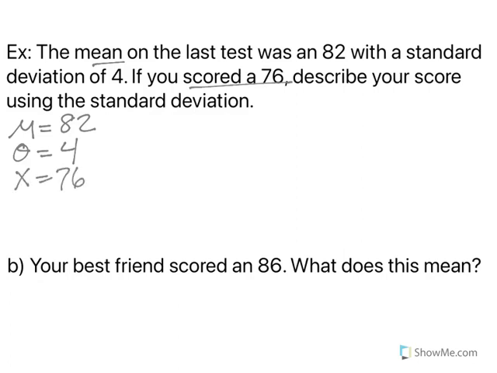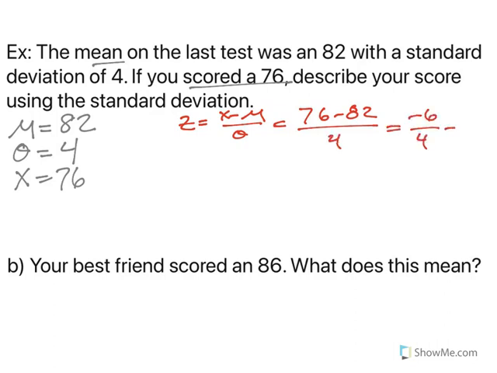So if you want to talk about this, we can say, okay, well, I know that the z-score is x minus the mean over the standard deviation. So data value minus the mean, 76 minus 82 over 4, which gives me a negative 6 over 4, which is negative 1.5. Now, think about a number line. If 0 is the mean, negative 1.5 is right here, and this is where you are.